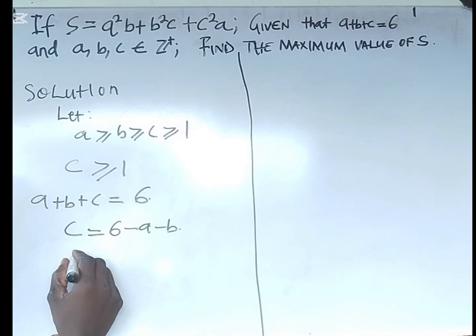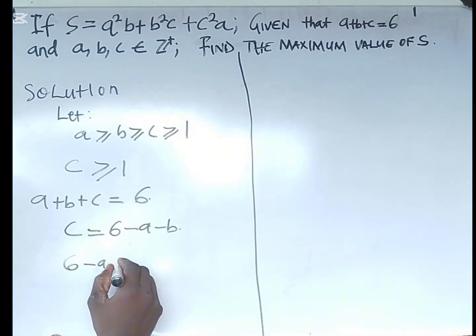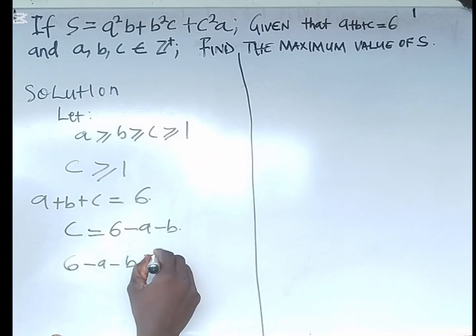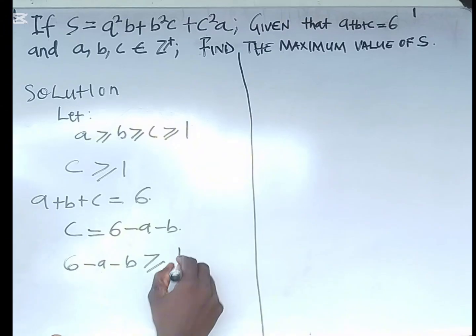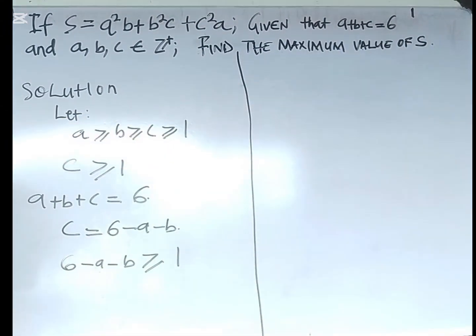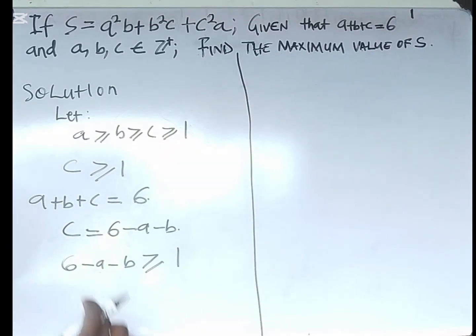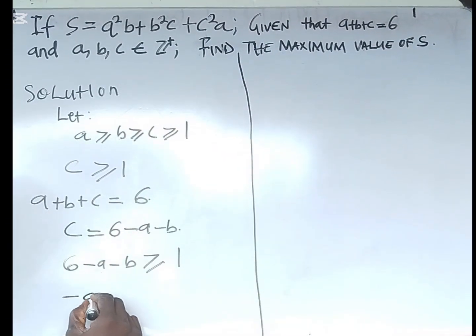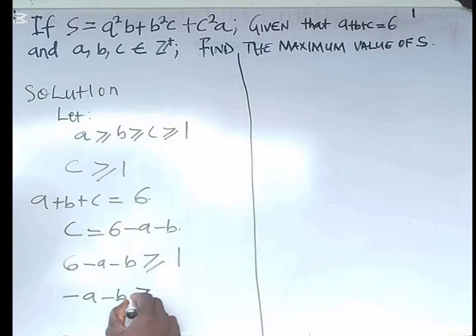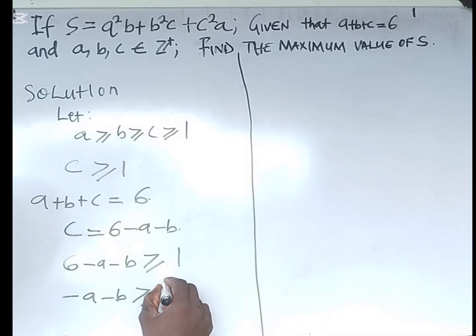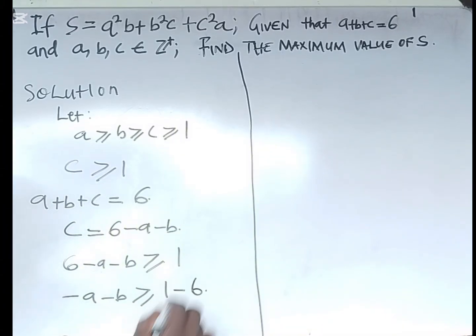This becomes 6 minus a minus b is greater than or equal to 1. 6 is a constant. 1 is also a constant. So I'm going to move 6 to the other side of the inequality. This becomes minus a minus b is greater than or equal to 1 minus 6.